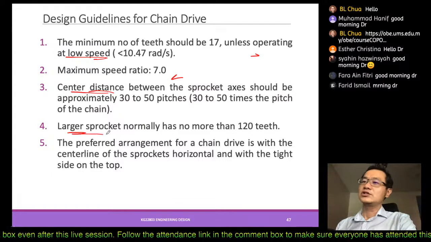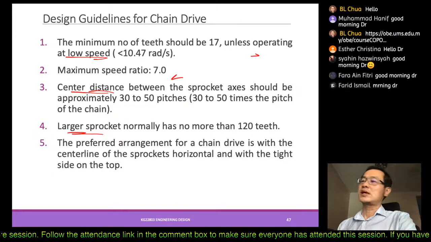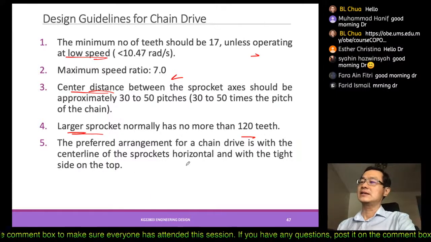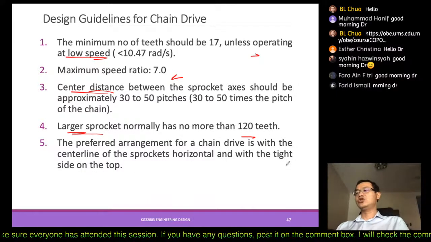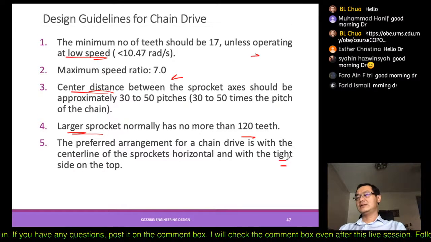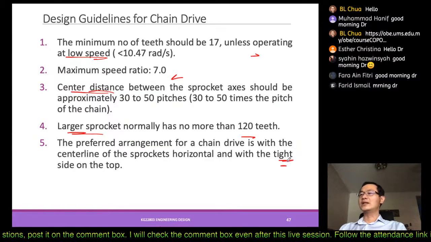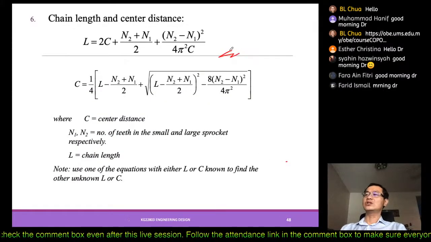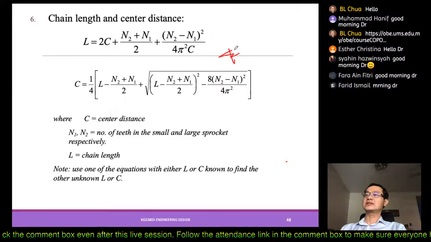Then also usually the large sprocket does not have more than 120 teeth, and the arrangement should be considered. Especially you would generally want the tight side on the top. So you can see the equations are exactly the same as the previous one.